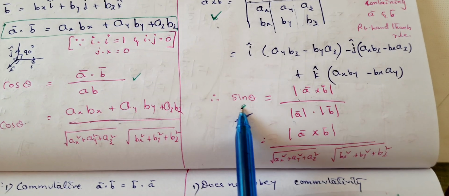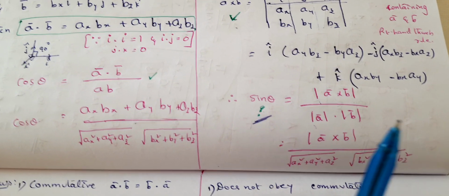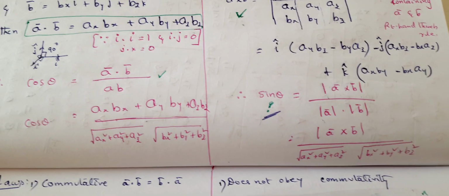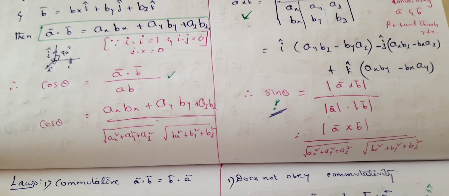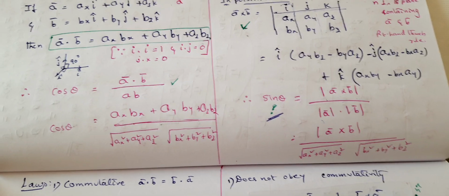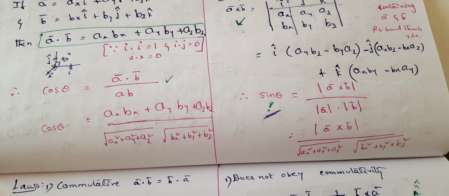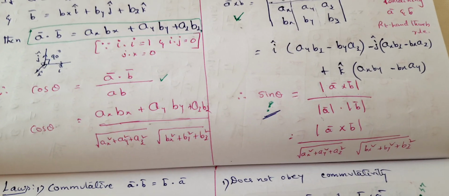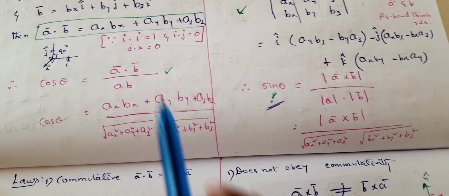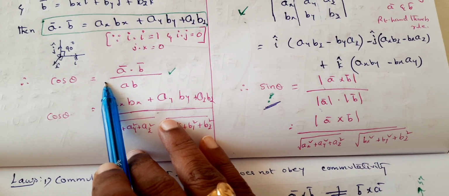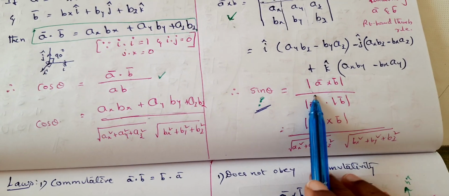Right. Now, whenever two vectors are given to us, my dear young minds, remember this. Make a note, a very important note inside your brain. When the angle between two vectors is asked, which one is the best? Using this is the best one, because the other is a little bit time taking.